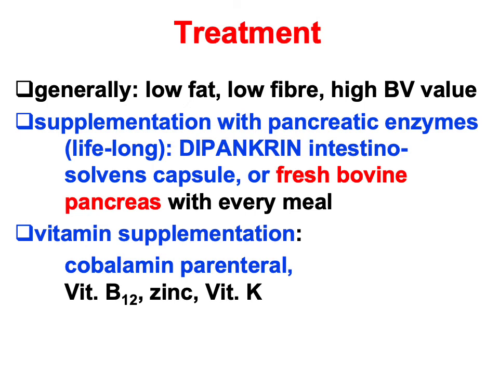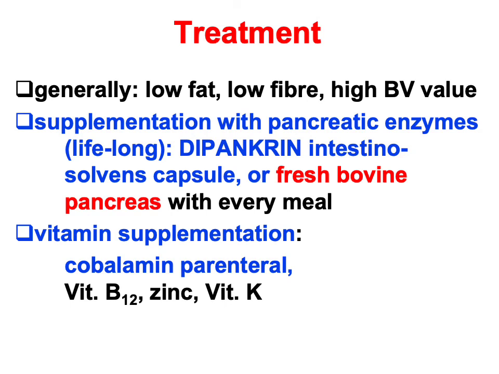Generally, a low-fat, low-fiber diet with a high biological value, and supplementation with pancreatic enzymes like D-pancreas. But you can also give fresh bovine pancreas with every meal if you have availability.